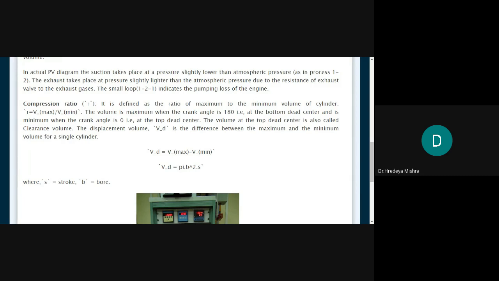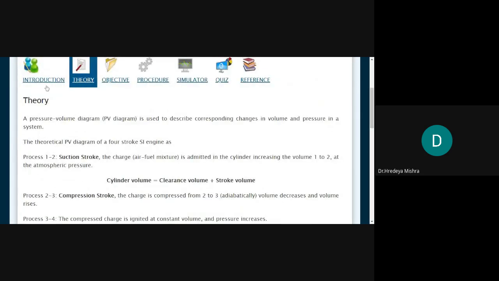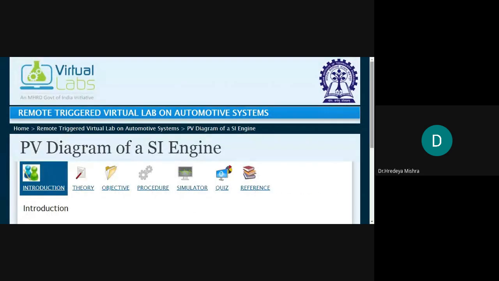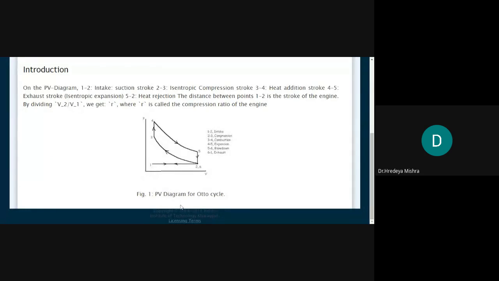So here, where is the diagram? See, all the information we talked about is from this.